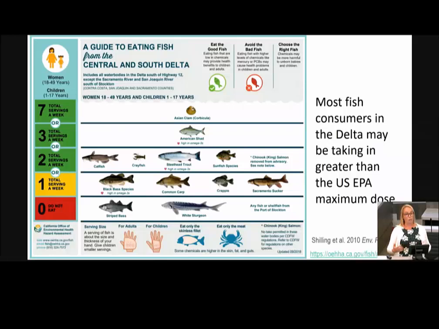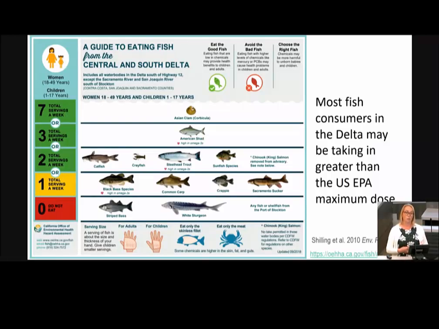Some of you have seen these warnings out there in the Delta about eating fish in the Delta and advisories against doing so. A lot of fish around sport waters contain mercury. However, in the Delta, people who are sport fishing are disproportionately consuming those fish compared to other places in the state. And indeed, it's estimated that these people are actually taking in more than the daily recommended EPA dose for mercury.